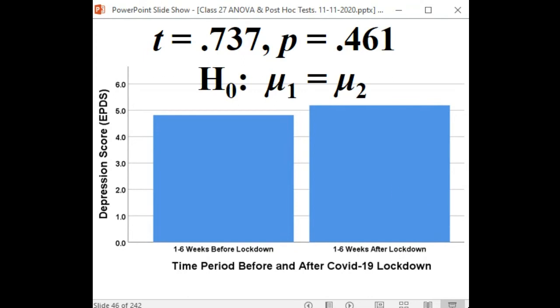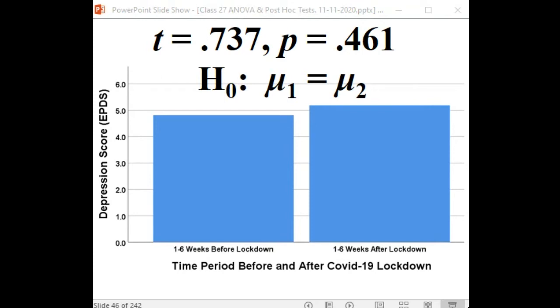Now, here's the null hypothesis for a t-test. Mu1 is equal to mu2. That is, if the null hypothesis is true, the population means are the same. Okay, so that's it. According to the null hypothesis, the population means are the same.